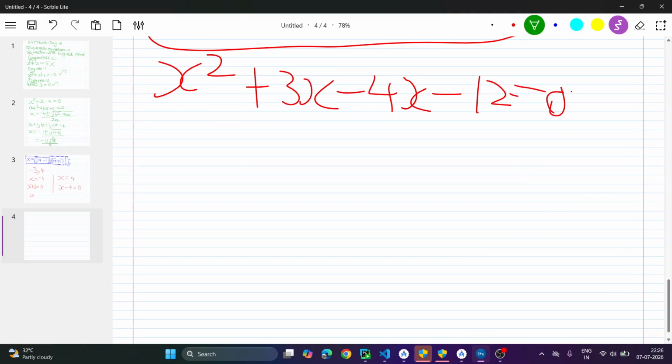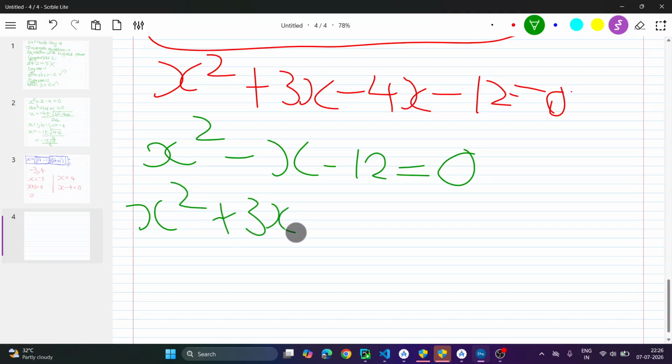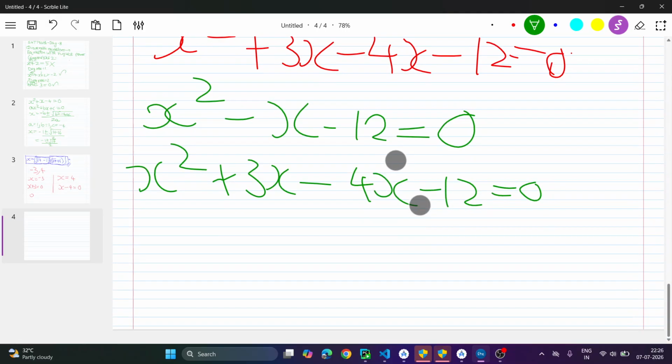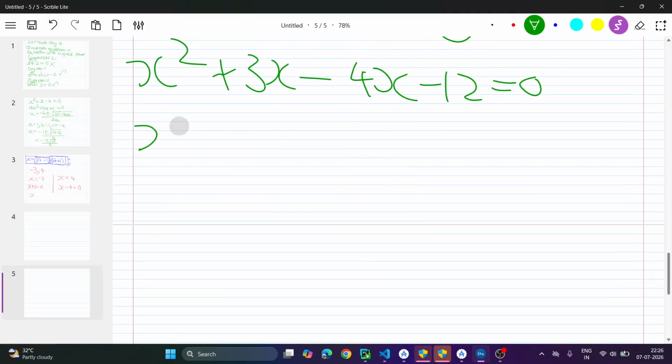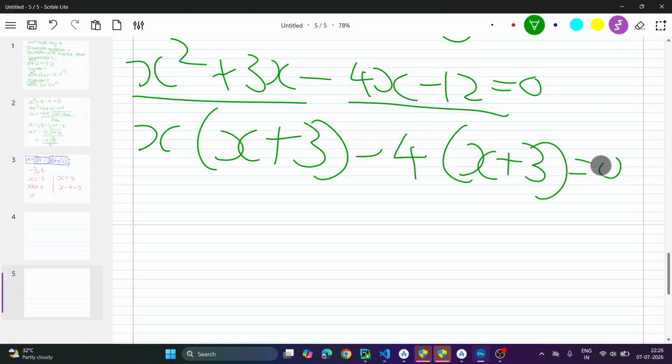Now you write the equation first of all, x squared minus x minus 12 equals 0. They'll most probably give you the equation, okay? So no worries. So now you show them x squared plus 3x minus 4x minus 12 equals 0. So you take x common here, x plus 3, minus 4 common here, 4 into x plus 3 equals 0.